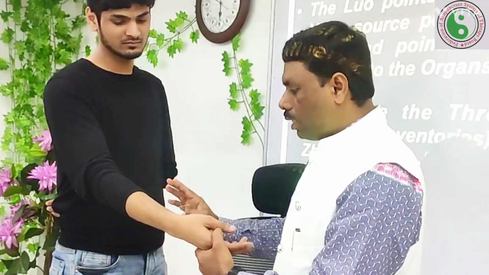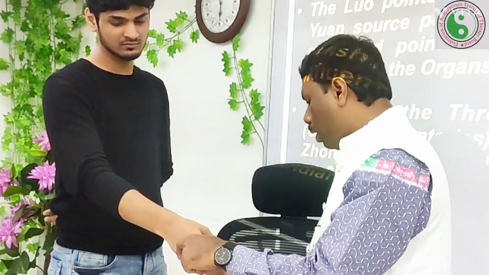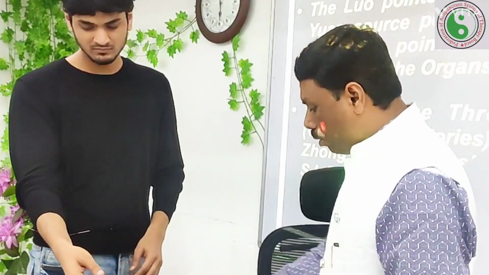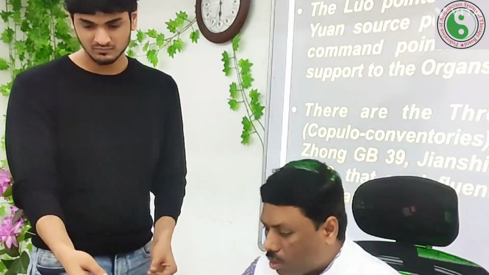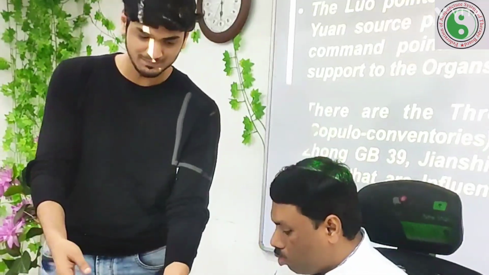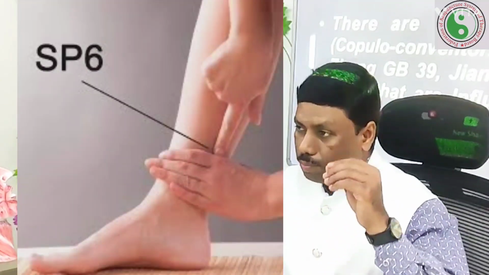So now hopefully we understand 3 plus 3, how many meridians were completed? 6 meridians were completed. Now the other 2 points are located in the foot region. Those points are known as Spleen 6, the spleen, liver, kidney regulating point, Sanyinjiao.